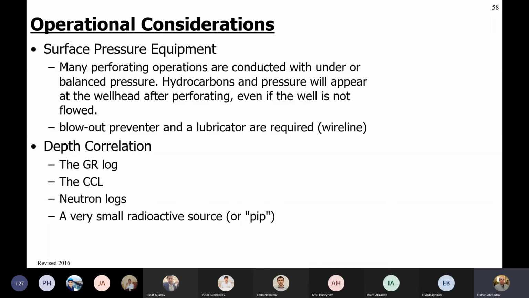So the surface equipment and surface personnel are safe.